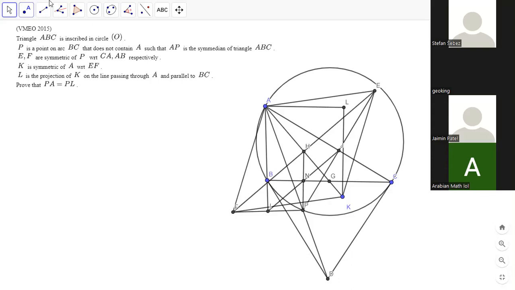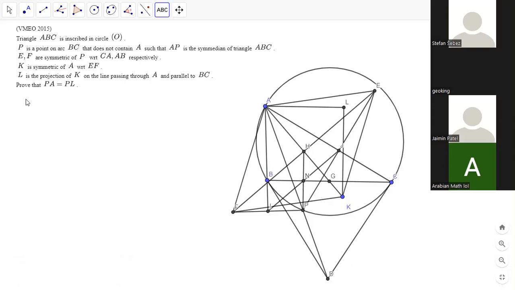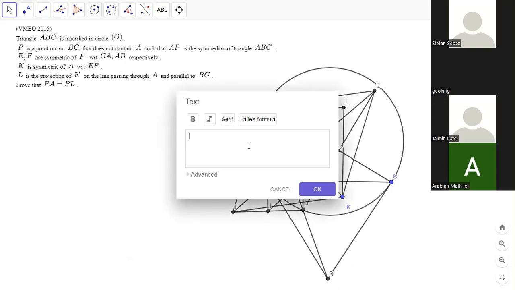Okay, so I'm going to write this out. First of all, let I and J be the midpoints of PF and PE.